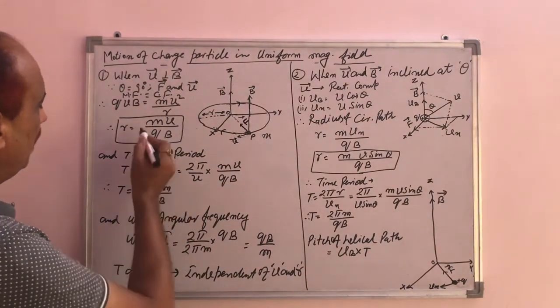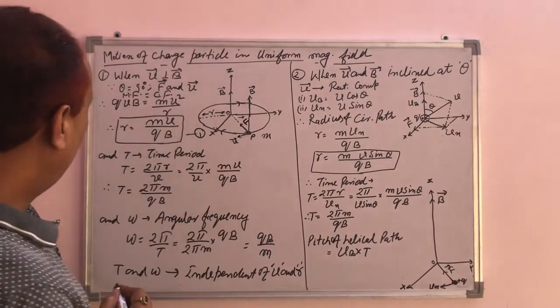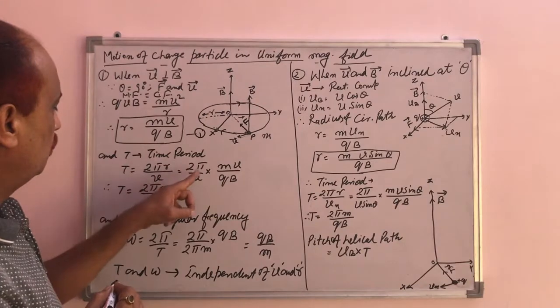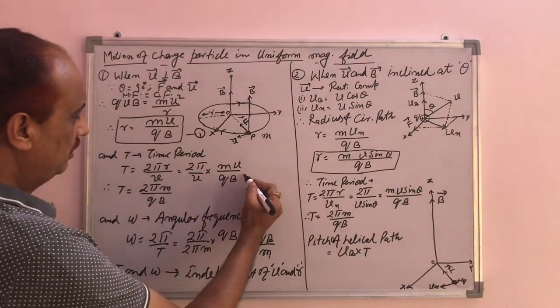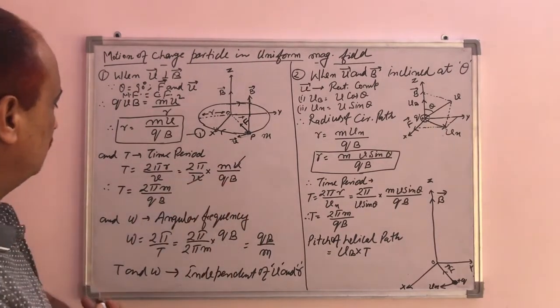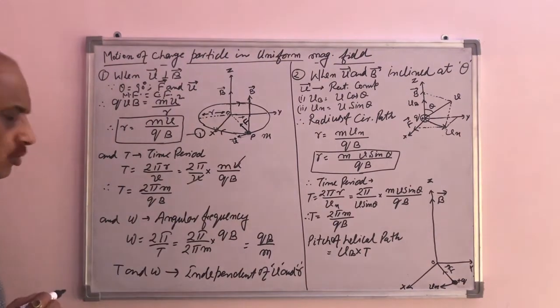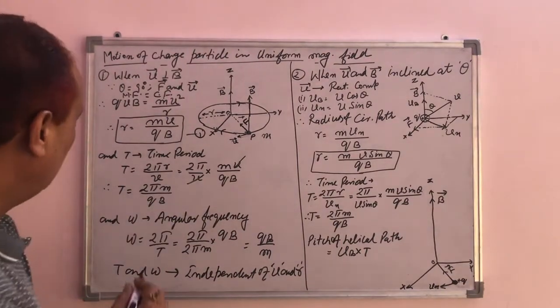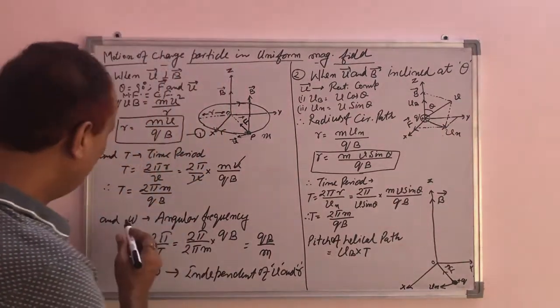Now put the value of r from equation number 1 in this equation. So 2 pi upon v into mv upon qB. This v cancels with this v, so T equals 2 pi m upon qB.